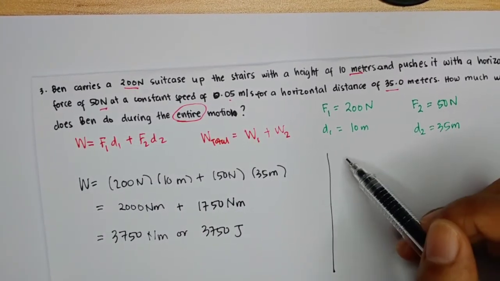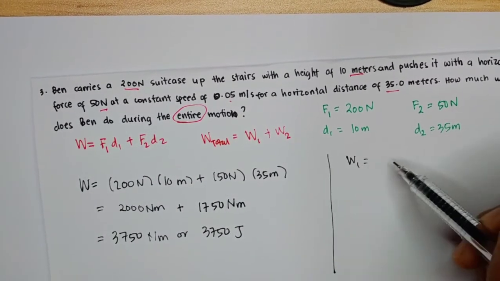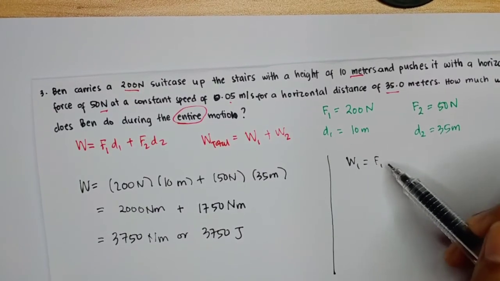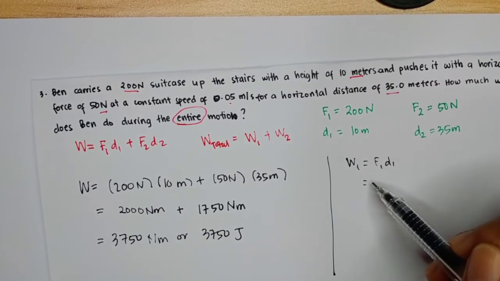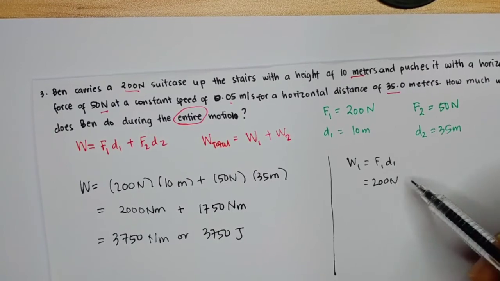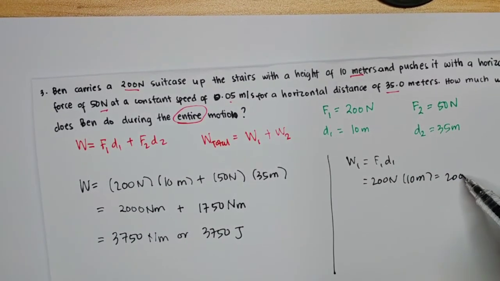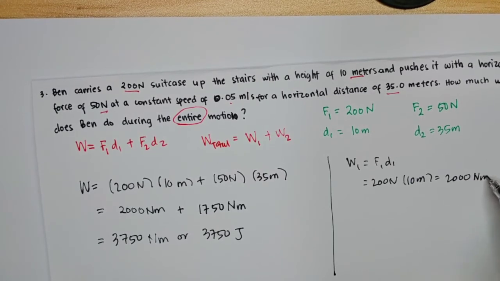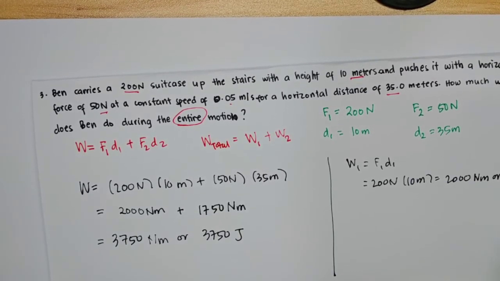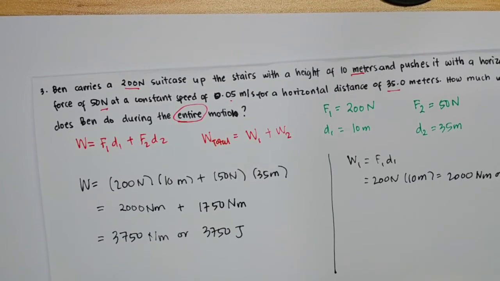We have here our W1. We have F1 times D1. So, we have here 200 Newton times 10 meters. So, this is 2,000 Newton meter or 2,000 joules.